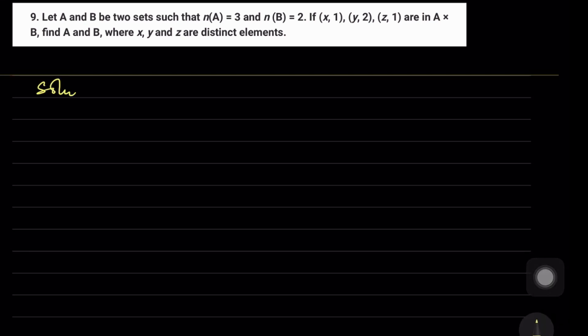The solution, you can see that we have to find out what is A and B. Given here these sets, ordered pairs are given to us.